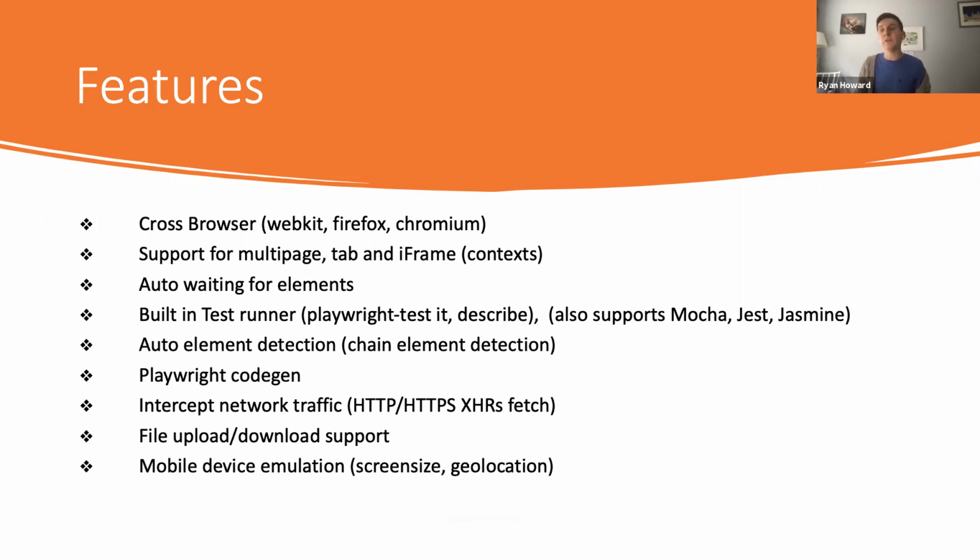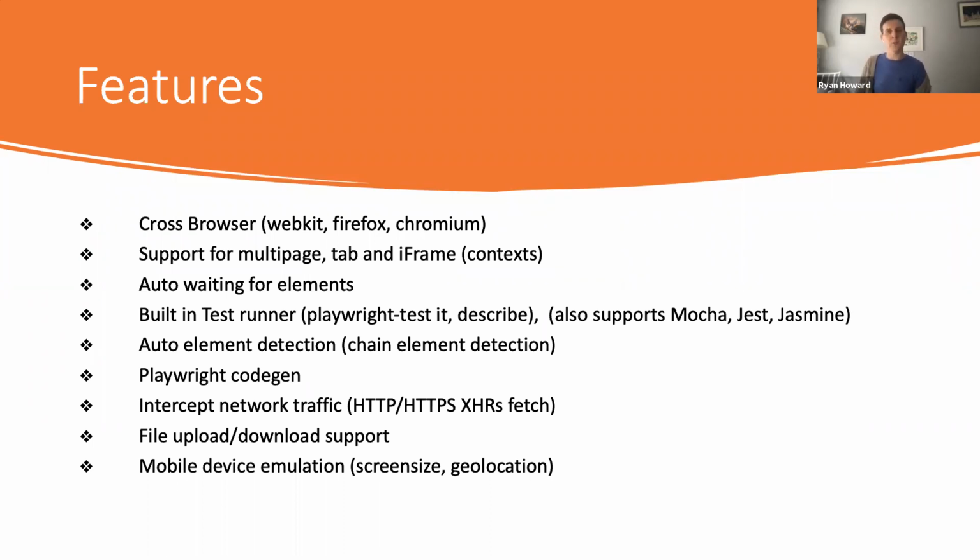And mobile device emulation. So I realize I'm going through these relatively quickly. Playwright does not support testing of mobile apps. You'll have to use something else for that. But what you can do is emulate things like screen sizes and time zones and geolocations.